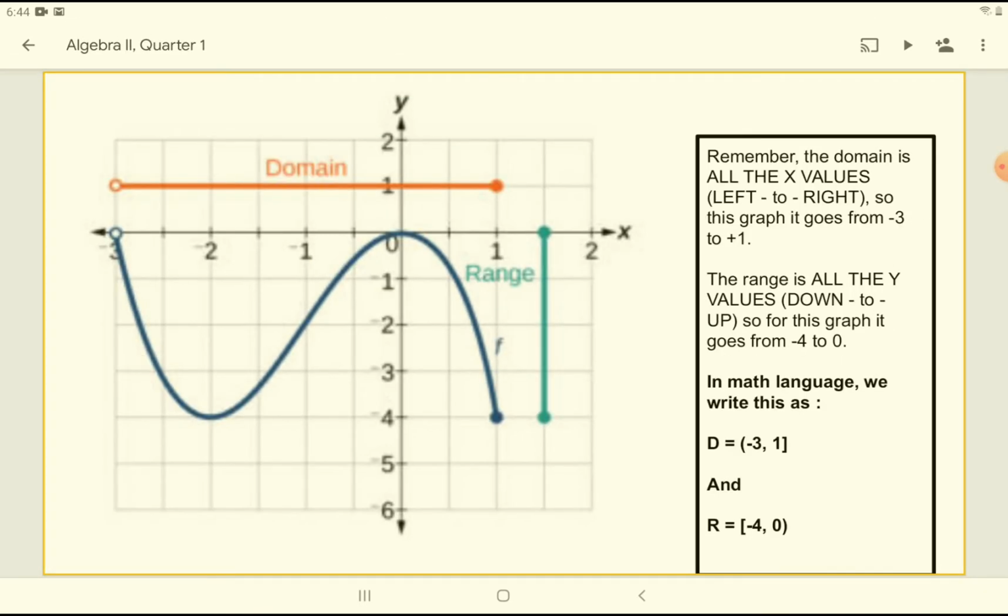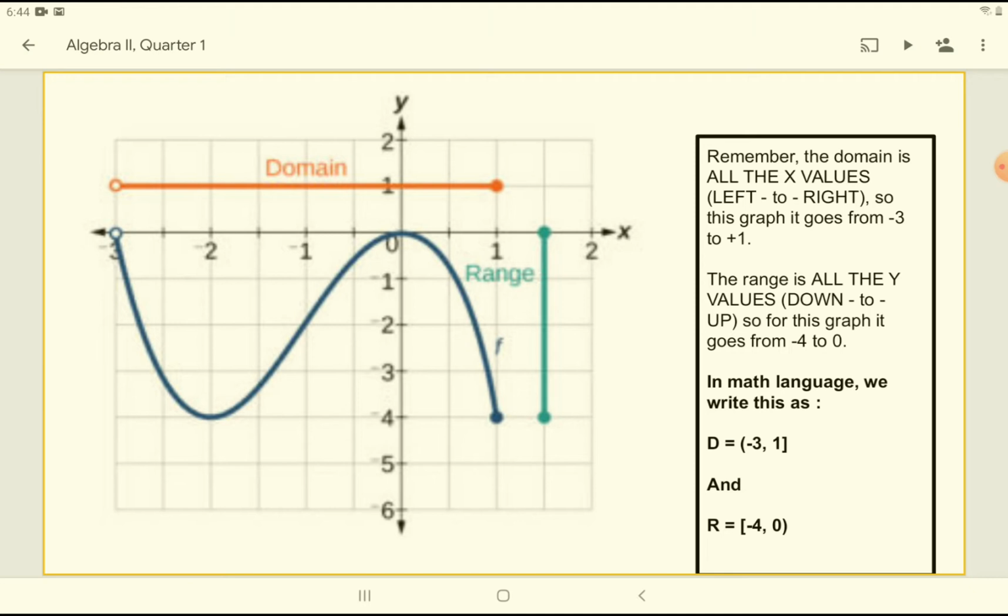So that's why the bracket goes with the 1, because the 1 is closed. Like it's kind of like included, right? The -3 is not included. So we call it not bounded or not restricted. Okay, so that's a very short explanation, and I'm going to talk more about the parentheses and the brackets later.